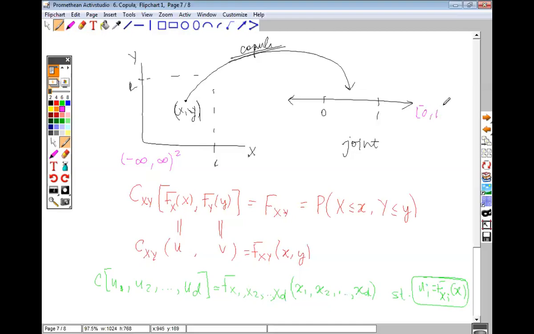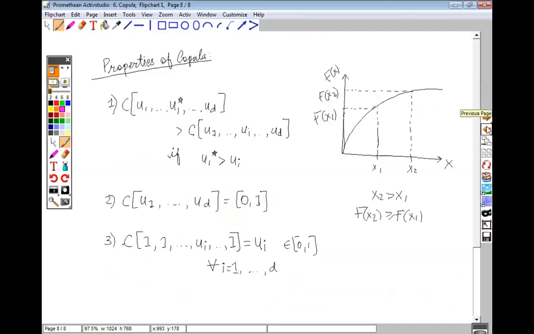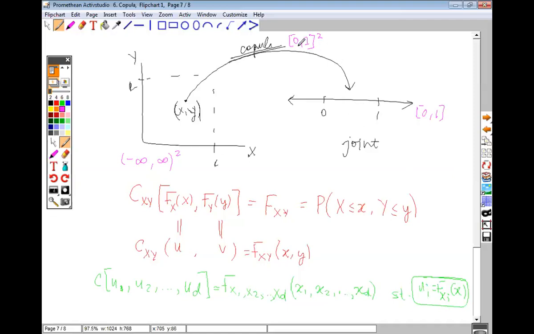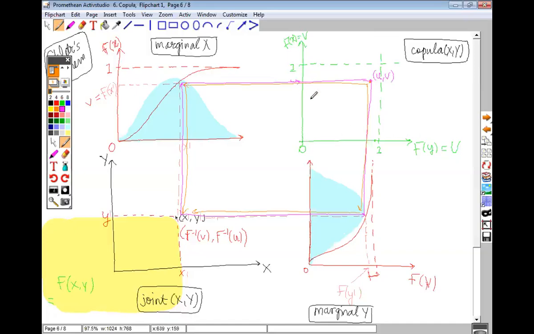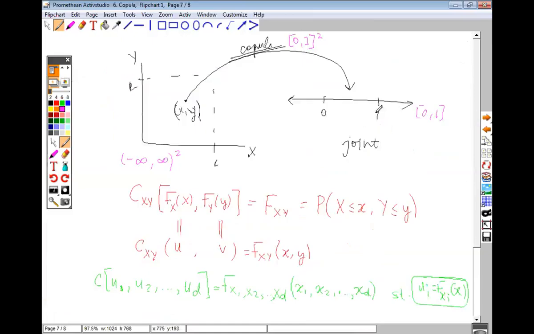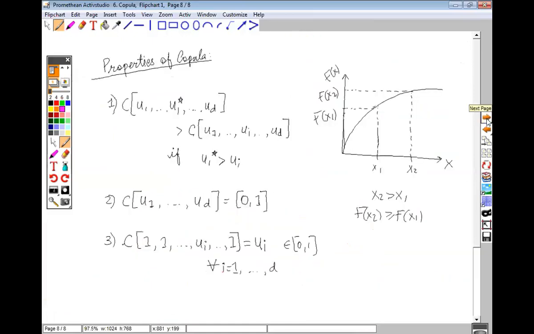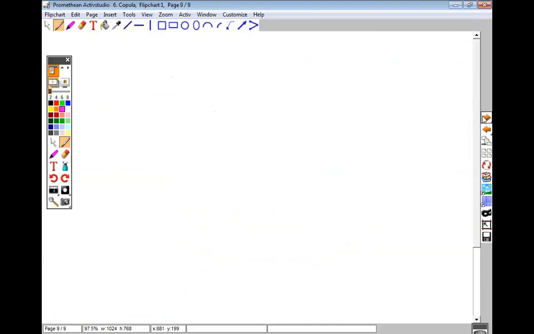So this is something between 0 and 1, and my copula is again between 0 and 1, but a two-dimensional thing. So I start off with this and end up there. Remember, this is the joint, and the copula still has two axes, an x and a y over there. But here we would only have one axis. So I hope that's clear.